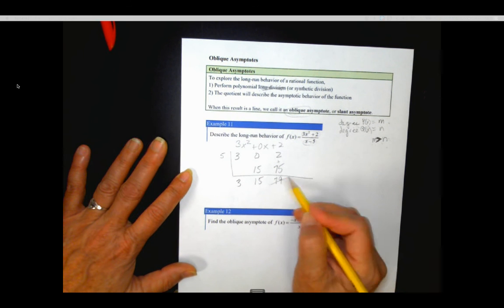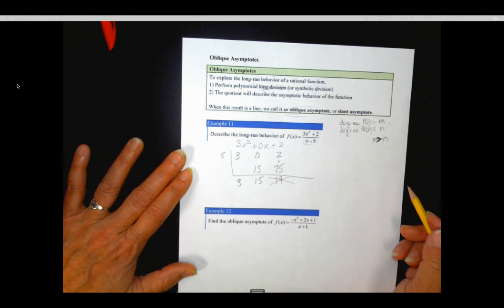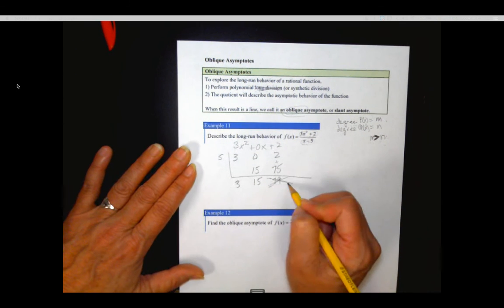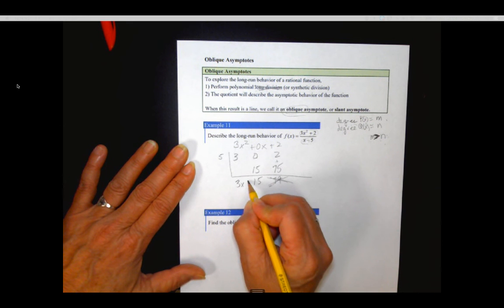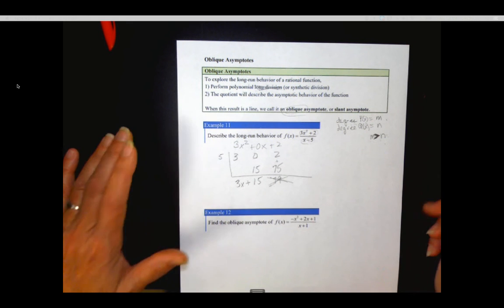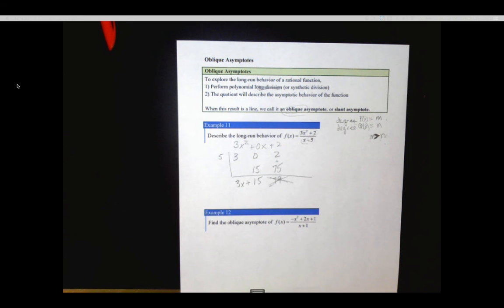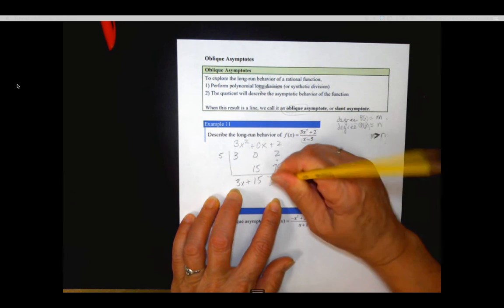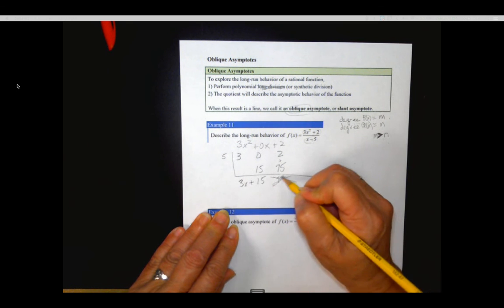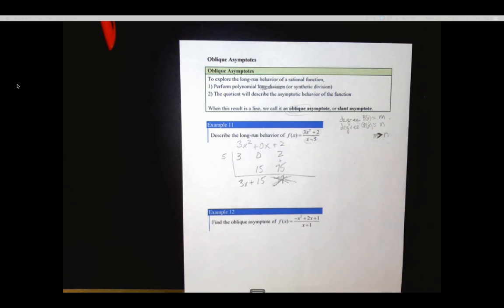Okay, so you're always going to get a remainder. We don't care about this term. This is what we care about here. So I have 3x plus 15 with a remainder. Oh, it's not 79, it's 77. That would be my remainder.